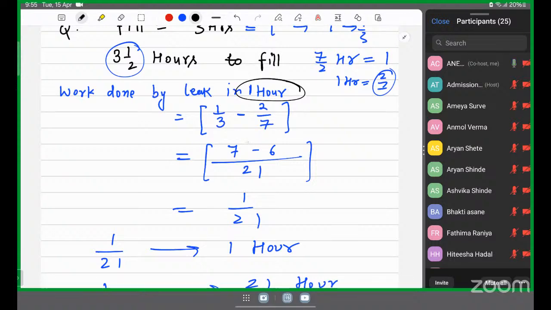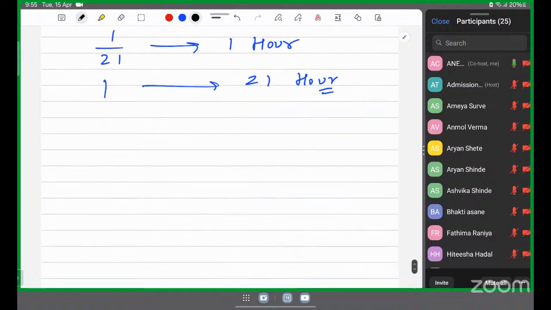If you are getting confused here, you can take it in a different direction also. Let's say this is pipe A, this is pipe B. Pipe A can fill the tank in 3 hours. Pipe B is emptying it. So let's say it takes X hours to completely empty it.